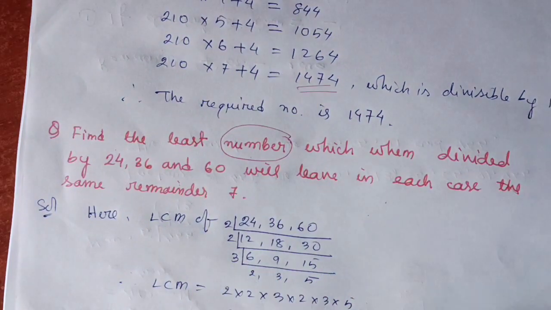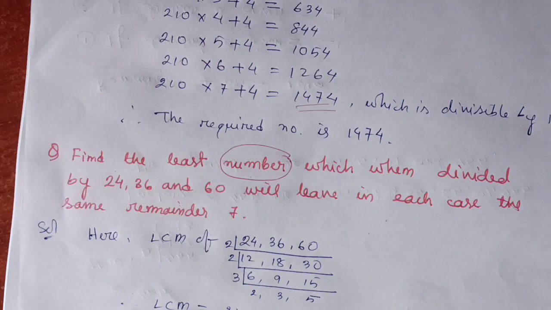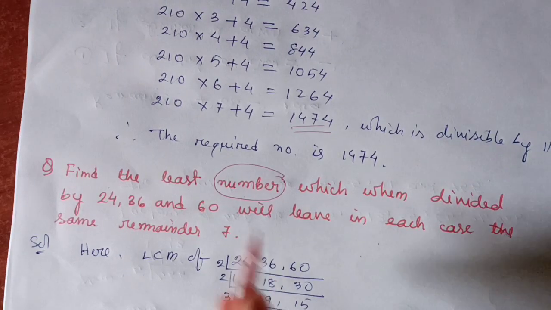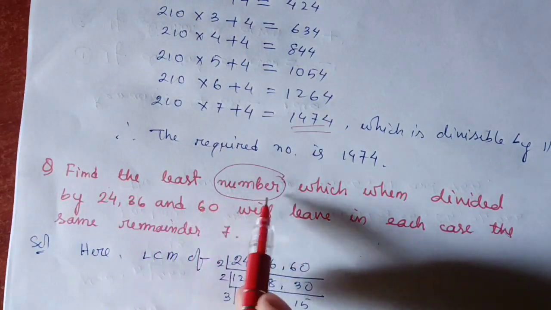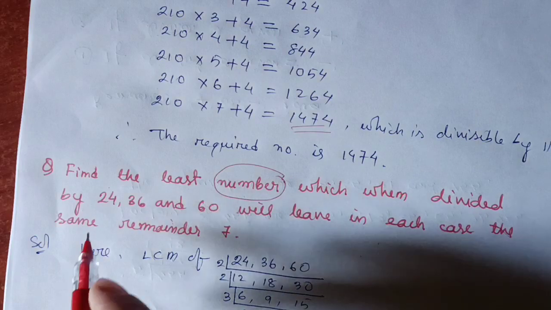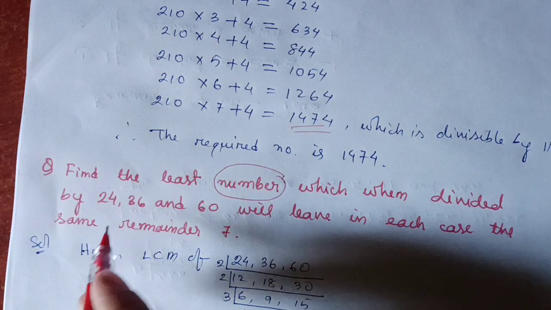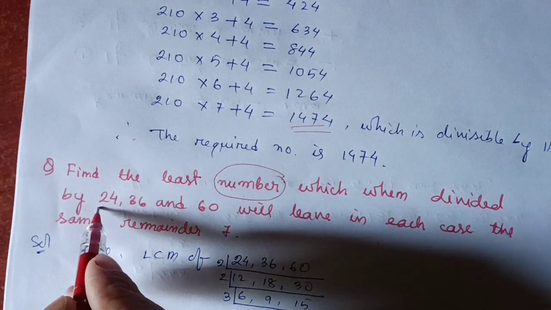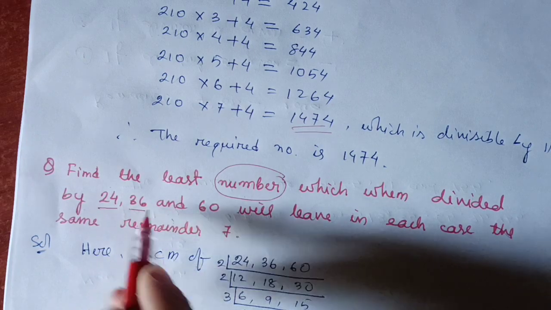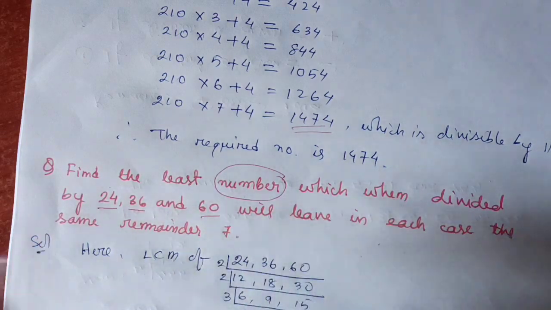So in such type of question, this is more easy. So what we do is we need to read the question: find the least number which when divided by. Divided by means that the numbers which are given here, 24, 36, 60, these are all divisors.